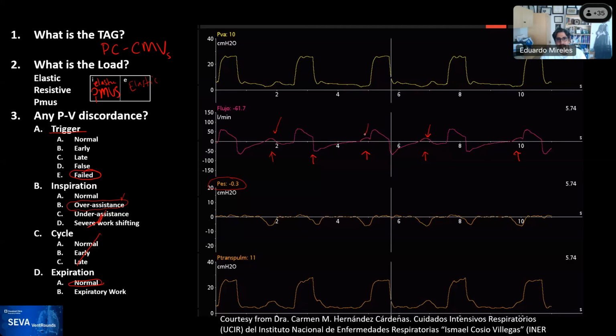The same that this one should have triggered, and this one over here. So this just tells me that this is likely a situation in which the flow trigger was not active, or it was set on a pressure trigger, and all these failed triggers, this level of desynchrony, was because of that.